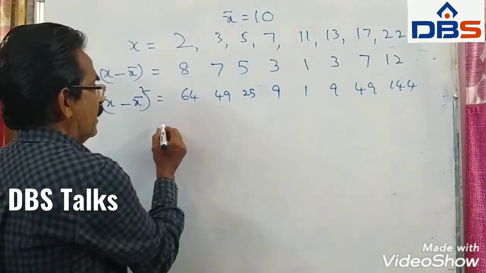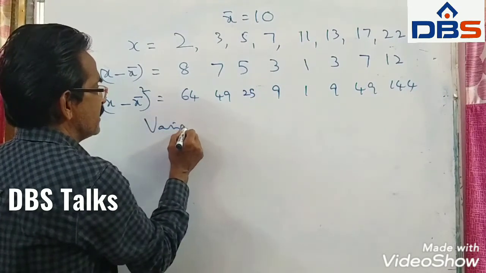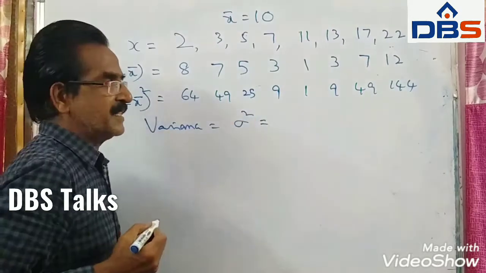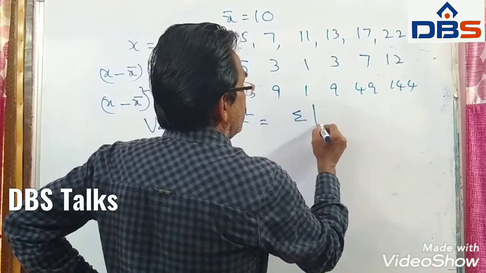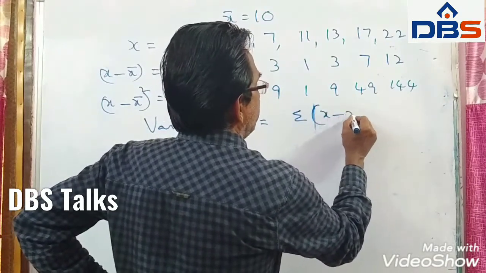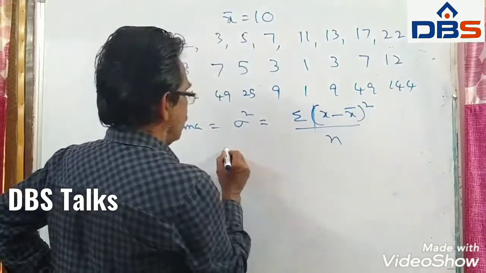So our formula for variance: sigma square is equal to capital sigma x minus x bar whole square by n.